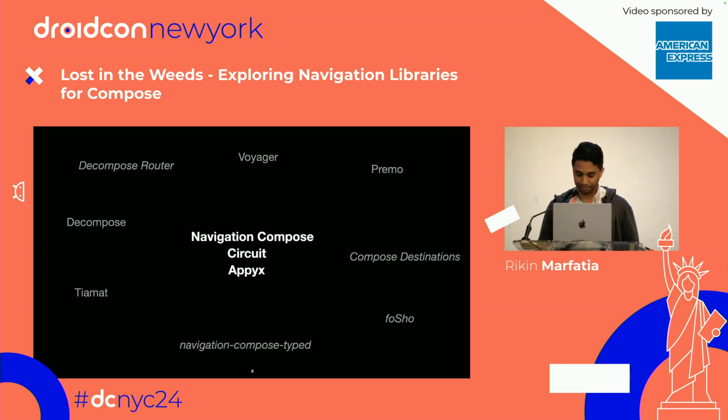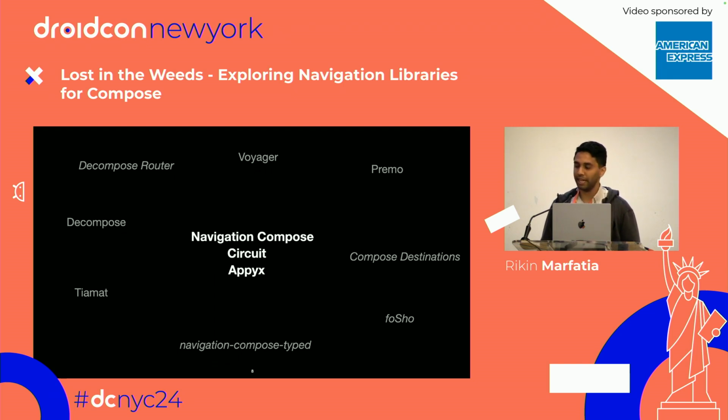And on that point, there are a lot of navigation libraries in Compose. Part of the reason I was interested in this talk in particular was, maybe I'm a little bit naive, but I was really curious as to why there were so many options. Are they handling navigation in completely different ways? Maybe they're trying to solve very specific problems. I actually didn't know.